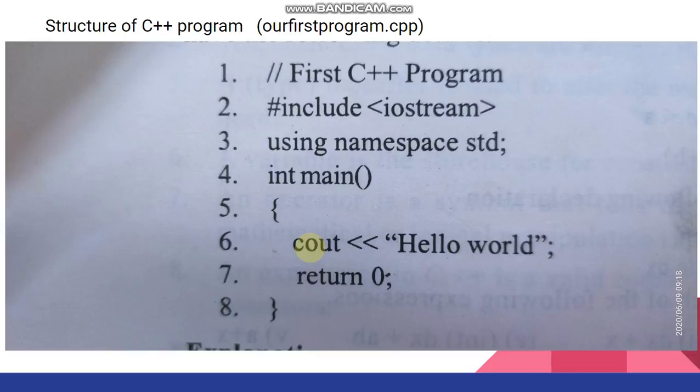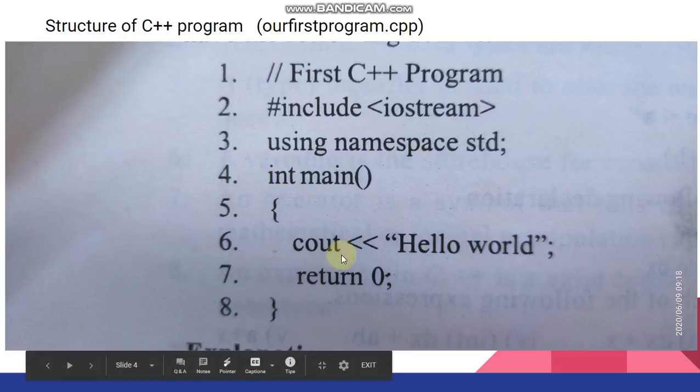Also note the tag int, which indicates that after successful completion of the program, an int value is returned to the operating system. There is another option: we can use void main. If we use void main, there is no need of line number 7, that is, no need of return 0.